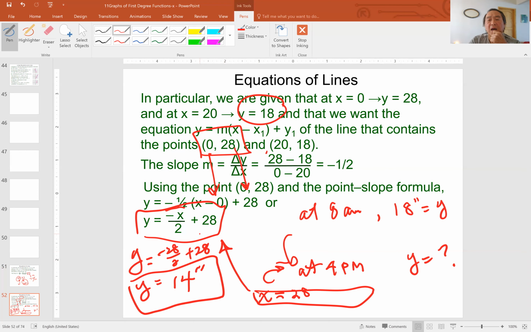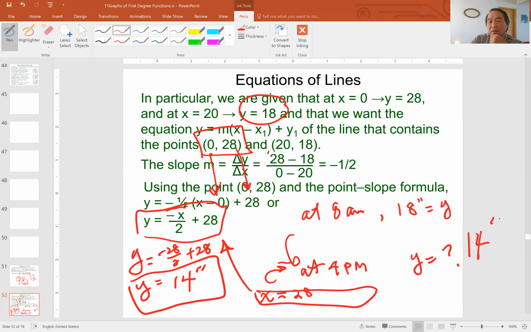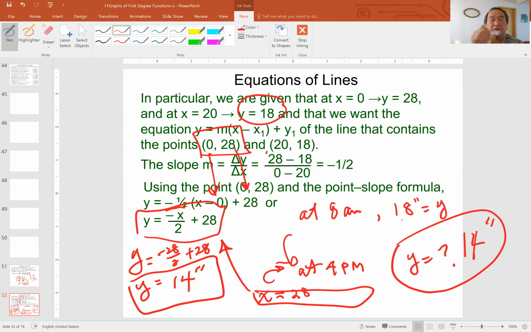In other words, I expect to see the water level at 14 inches according to this formula, an educated guess extrapolated from 2 data points.